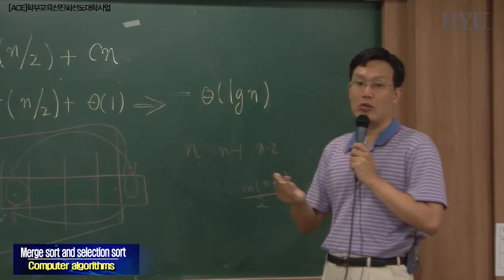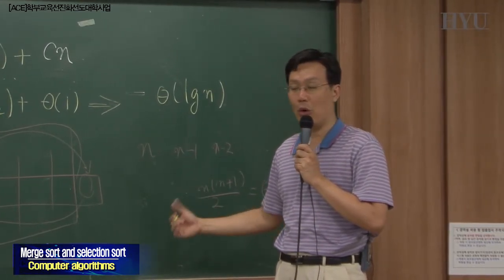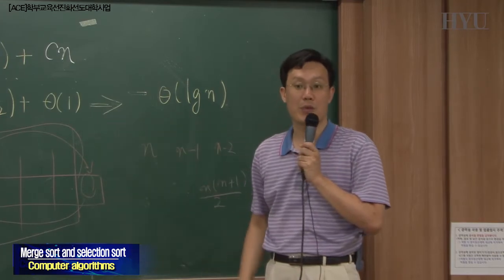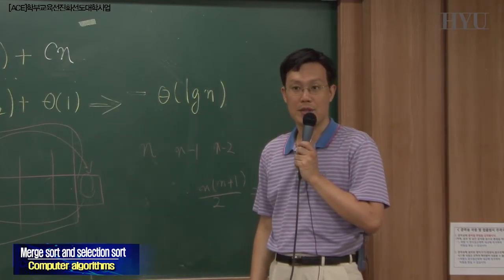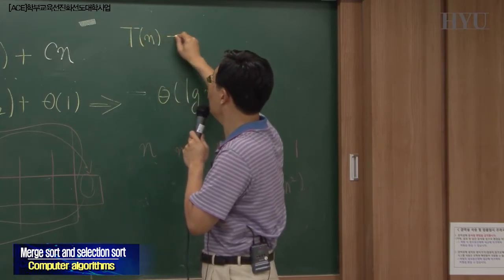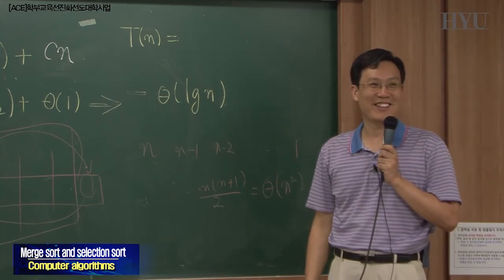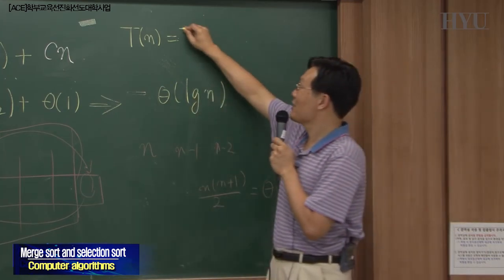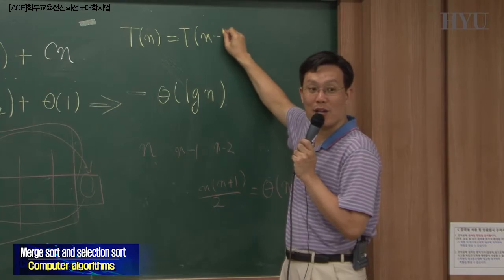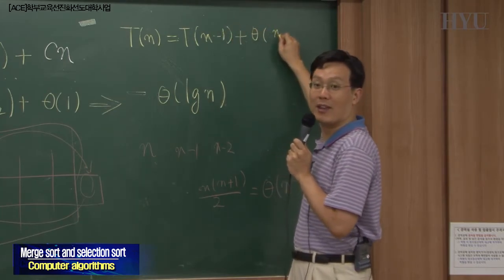And you can write the running time of selection sort as a recurrence. T of n equals what? Yes, T of n minus 1 plus theta of n.